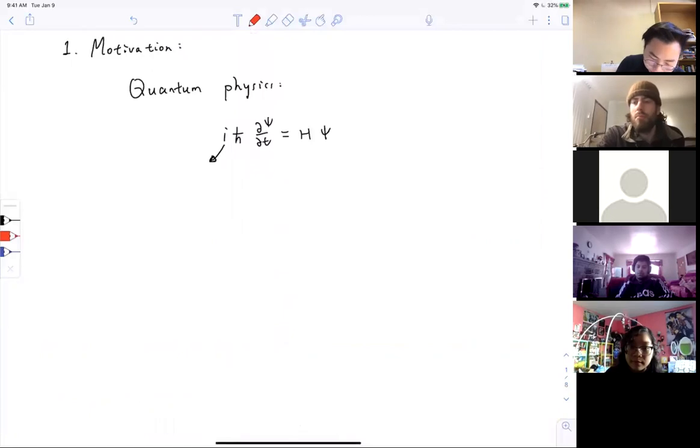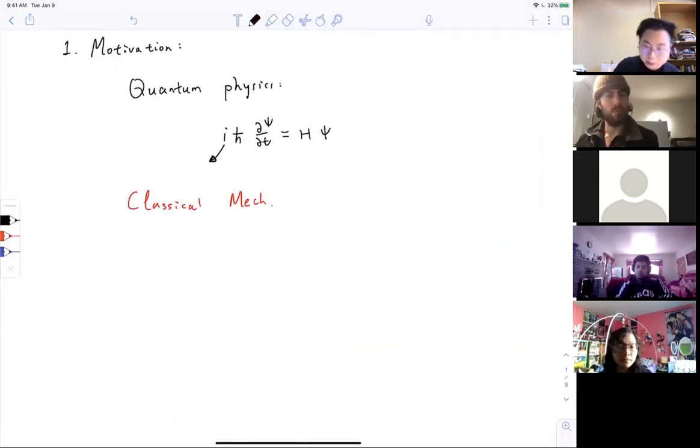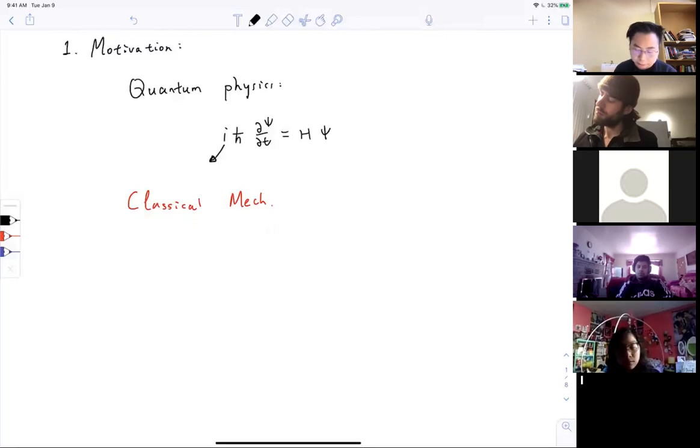For classical mechanics or classical problems, complex numbers are not necessary, but they can help you simplify your calculation in many cases.